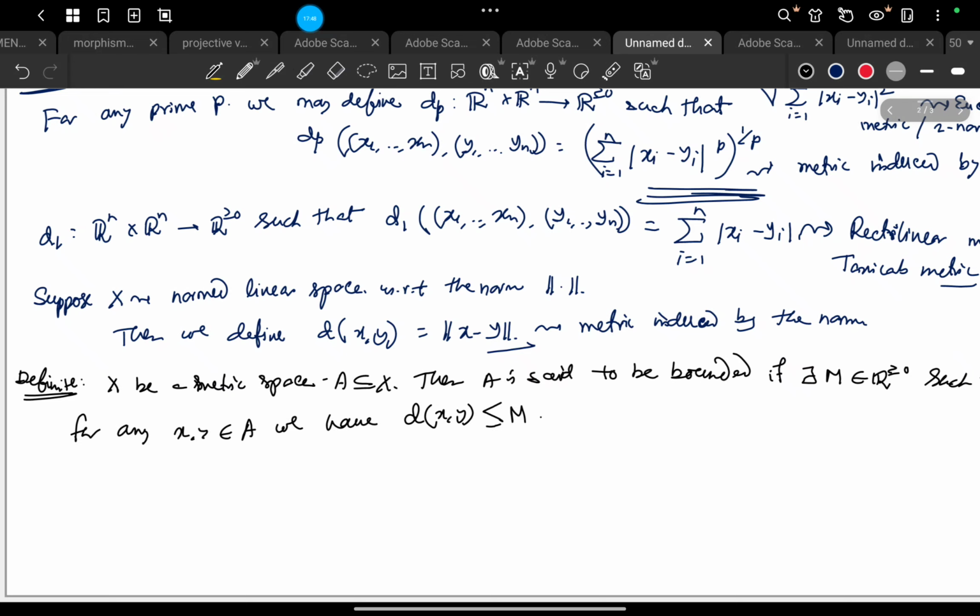And the diameter of the set A is defined as the supremum of all d of x comma y such that x comma y belongs to A.